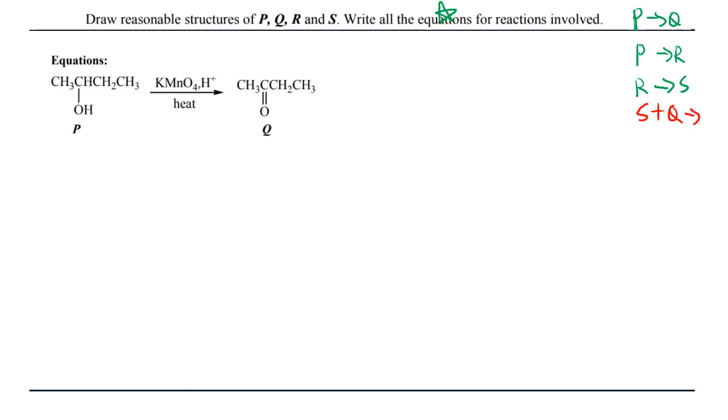What we want to emphasize here is you need to include the reagent, because the reagent is what will give you the marks. So P to Q is done, and then P to R. The reagent is already in the question, you just rewrite it.